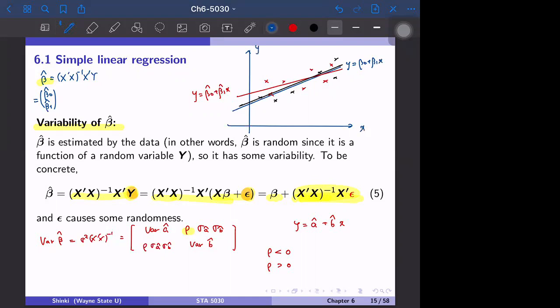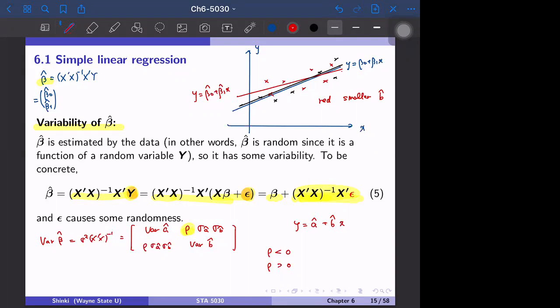For this kind of data, you can see that the estimated rho is probably negative, because the red line and the black line are both estimated regression lines, and the red line has a smaller slope. Compared to the black estimated line, the B hat for the red line is small, so the slope is less steep.